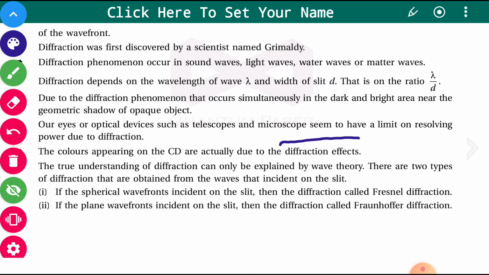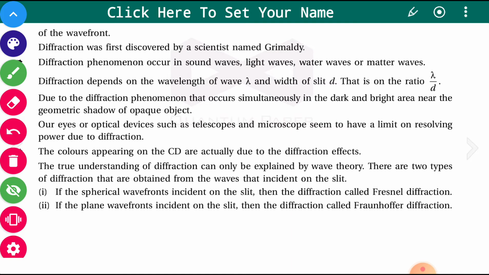The colors appearing on a compact disc are actually due to diffraction. You must have seen the rainbow colors on a CD. The true understanding of diffraction can only be explained by wave theory.